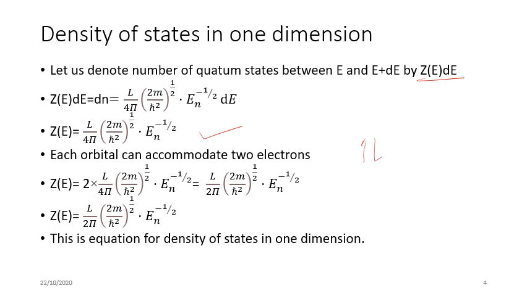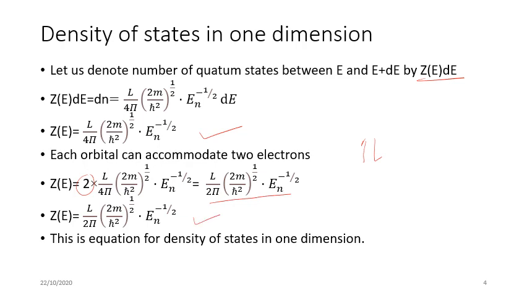That's why I have to multiply it by 2. So I will get Z(E) equal to 2 into L upon 4 pi, 2m raised to 1 by 2, E raised to minus 1 half as it is. So I have a factor of 2 in order to consider the spin up and spin down, these 2 electrons in that energy state. So finally we get this equation.